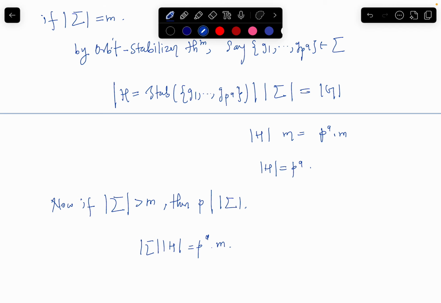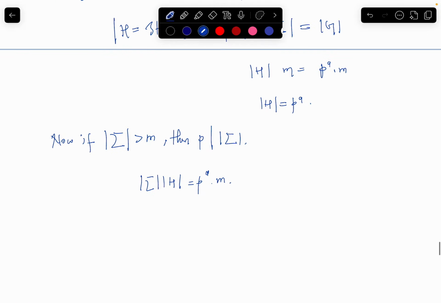So the size of sigma is greater than m, and that also means the size of sigma divides p power a m. In fact it is greater than m, that means it has to contain some factors of p, right? So in that case p divides the size of sigma. So this is why we have that.